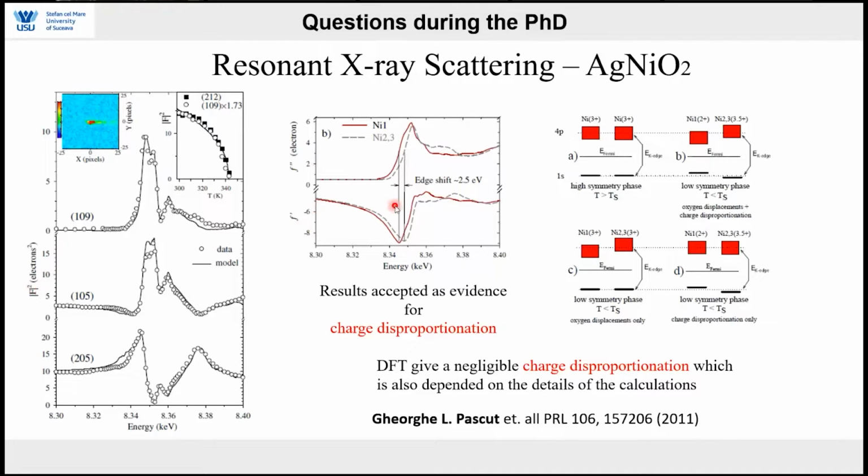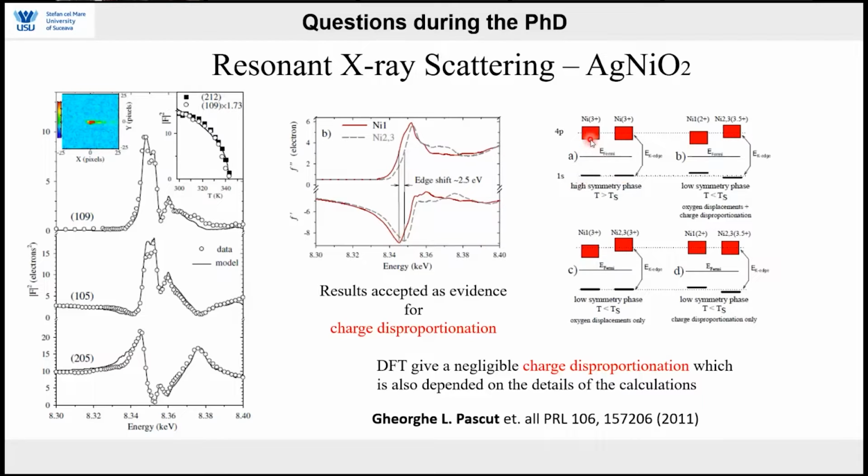The scattering factor of the atom is complex, and F prime is the real part, F double prime is the imaginary part of this scattering factor. That's the difference. But both of them have a certain behavior when the energy is such that it takes one electron from 1s to 4p, occupied to empty.